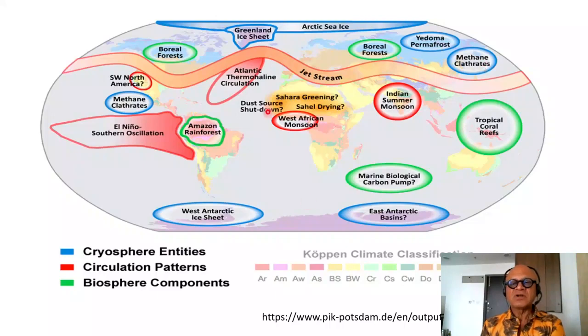So these are kind of potential tipping points in the system. It's not at all easy to say how close we are to them or whether they will happen in the 21st century at all, but nonetheless one has to keep them in mind.